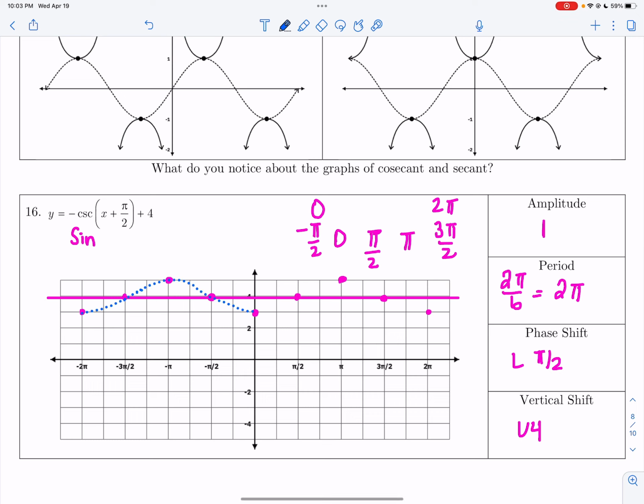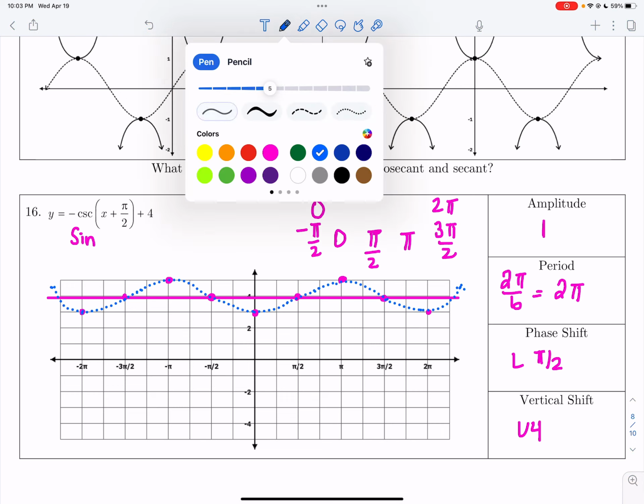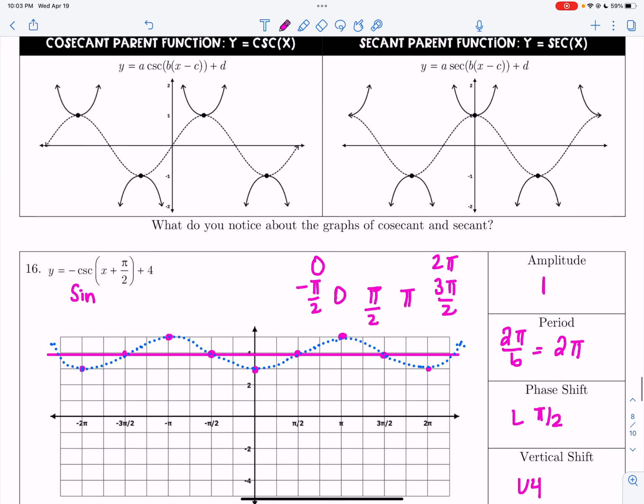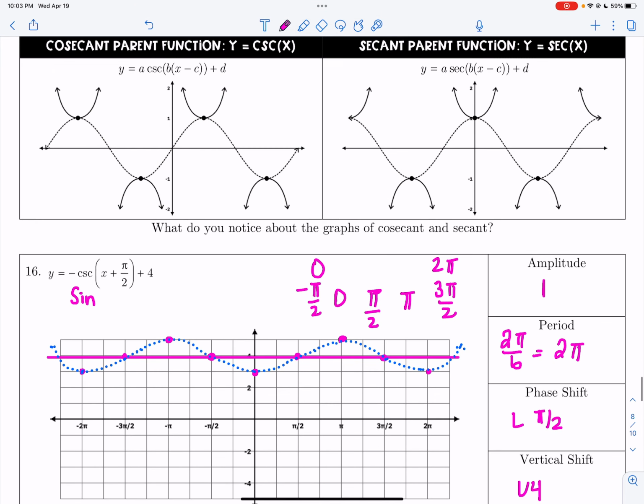Now, do you have to graph it? Not necessarily, but it does help you look at the visualization on what's going on. Based off of our cosecant function, we are going to go up with our maximums and then go down with my minimums.